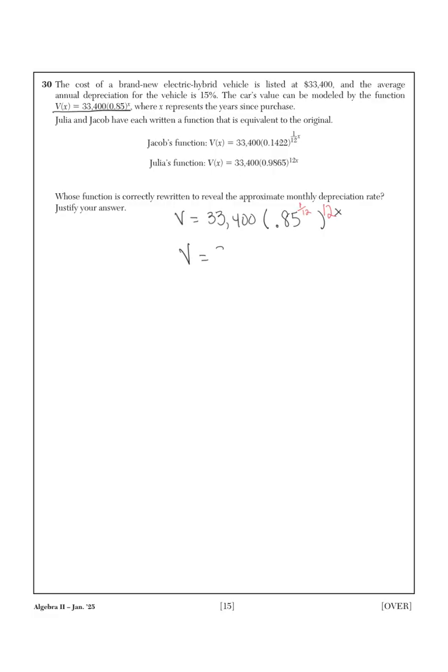That should be 0.9865, and when I throw that in, I get 0.9865 to the 12x. And look at that. So that means Julia's function is correctly rewritten to represent the monthly depreciation rate. That's it.